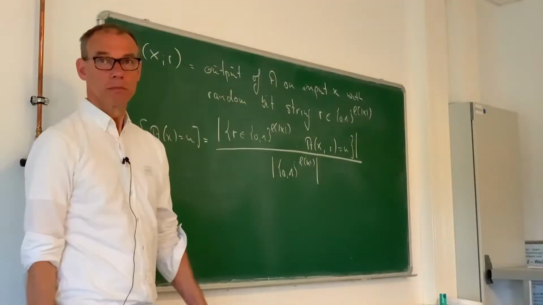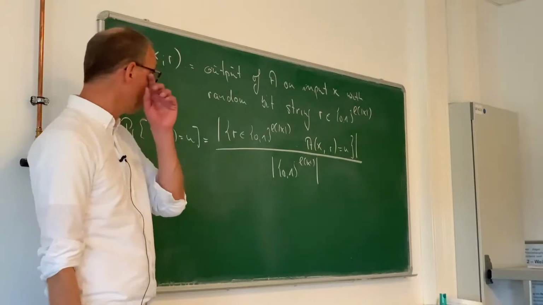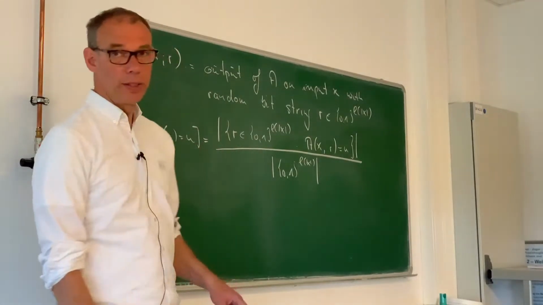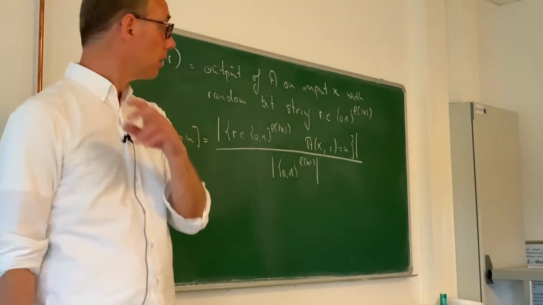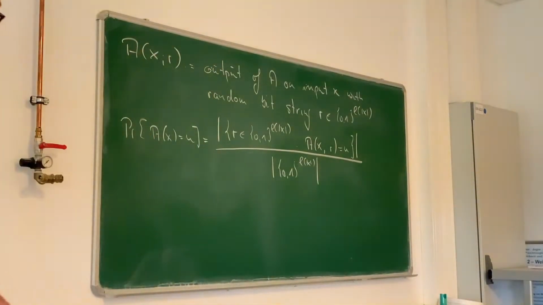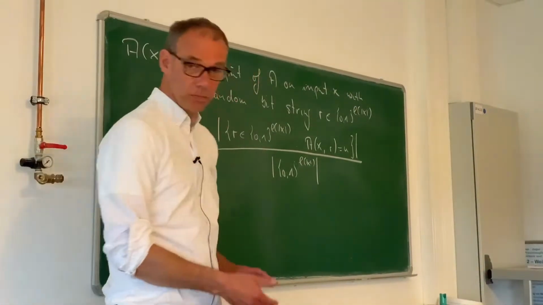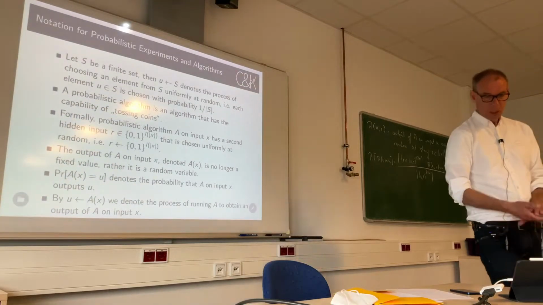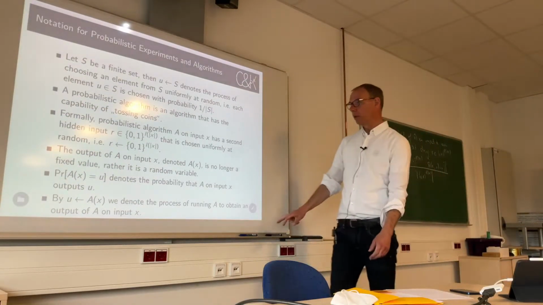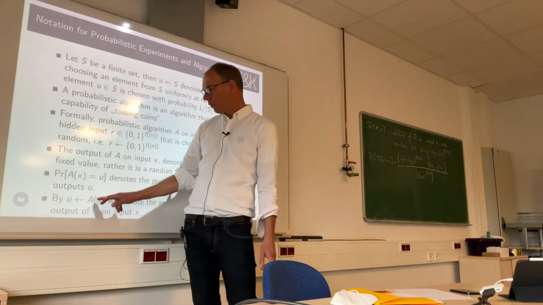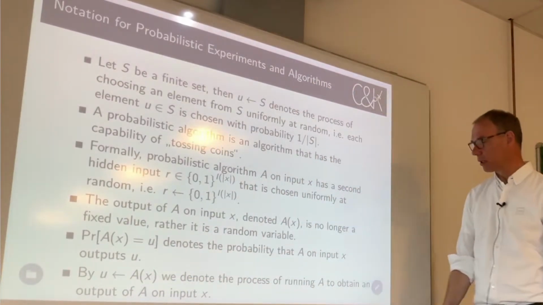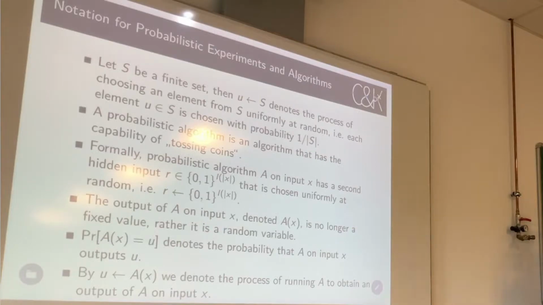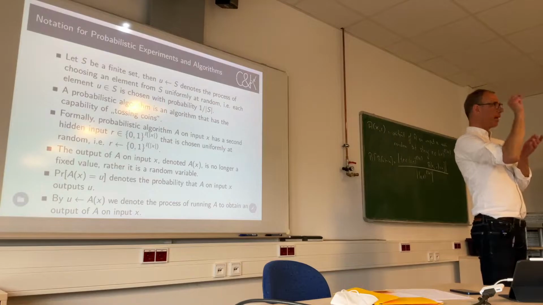So this is how we define how this probability is defined. And often by this notation here, A of X, left arrow U, we denote the process of running A to obtain an output of A on input X. Whenever I use these arrows, I usually have a random process.